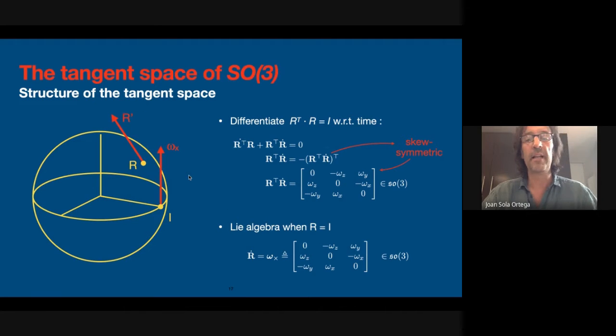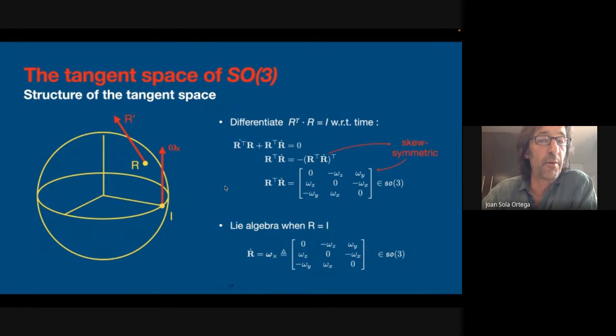All right, let's see on the right part, algebraically, how we can advance and see what kind of objects the elements of the Lie algebra are. So we take Rᵀ R equals I, we differentiate with respect to time, and we get Ṙᵀ R plus Rᵀ Ṙ equals 0.